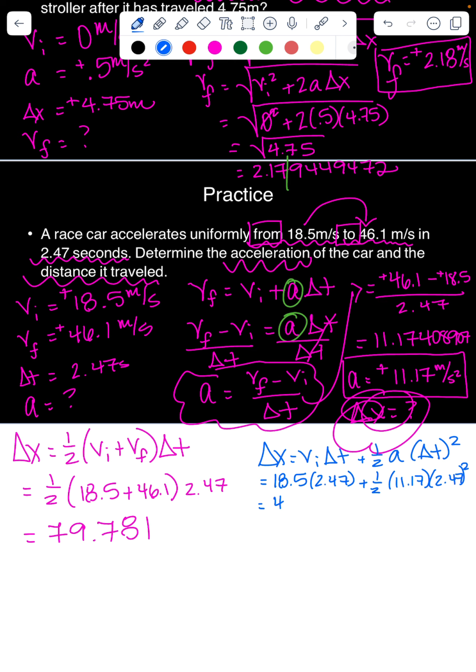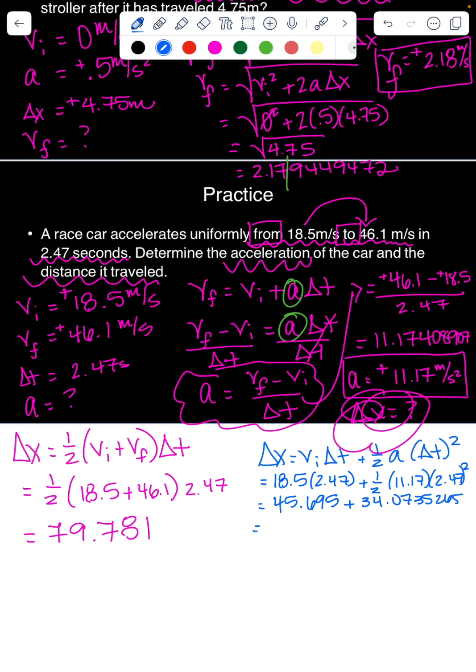18.5 times 2.47 is going to be 45.695 plus, we're going to do 2.47 squared first, and then multiply 11.17 times 1/2. That's going to be 34.0735265.